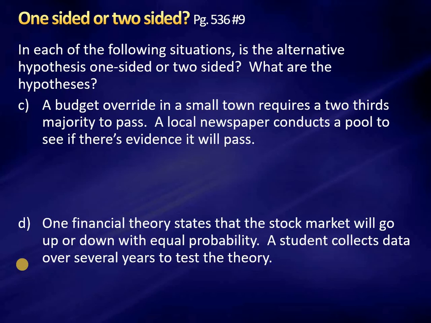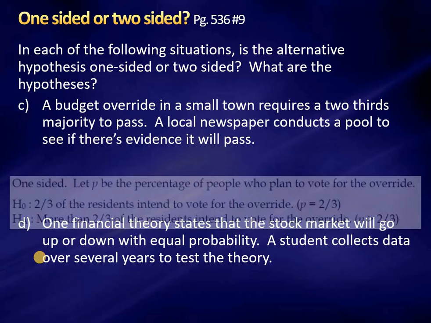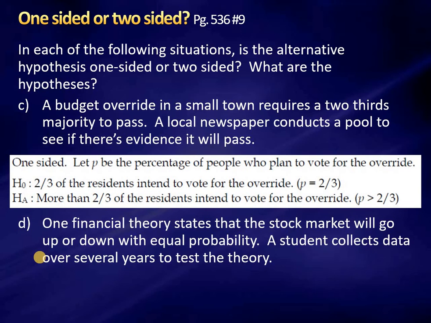My alternative, for example, if I said P is the proportion of people who are in favor of passing the budget, you would say, one more time, greater than. And I'm just going to tell you that there are some schools of thought that will say if your alternative is greater than, then your null should be less than or equal to.